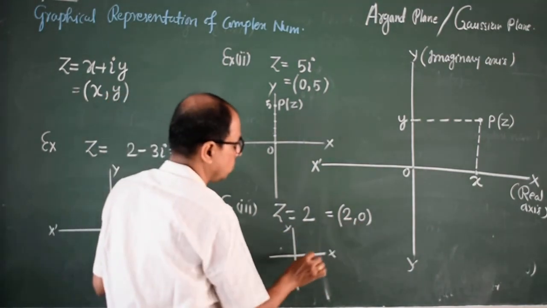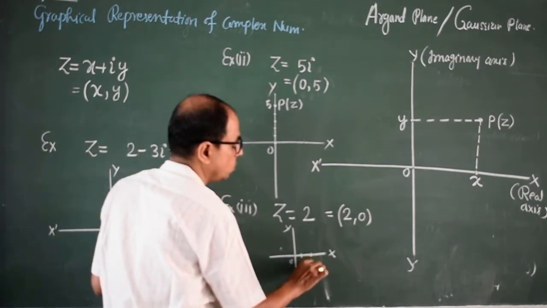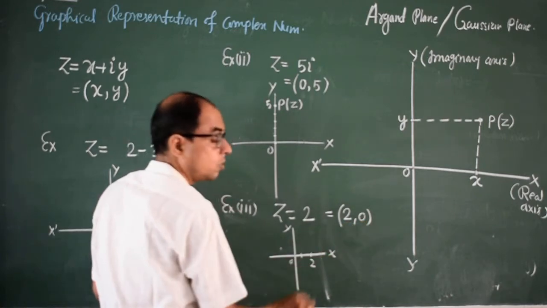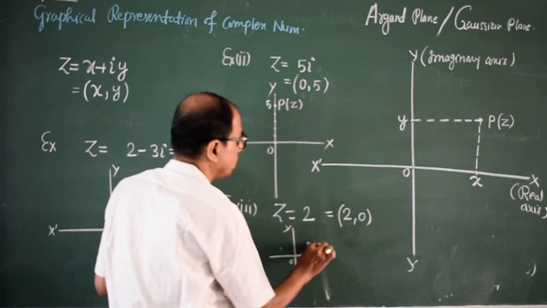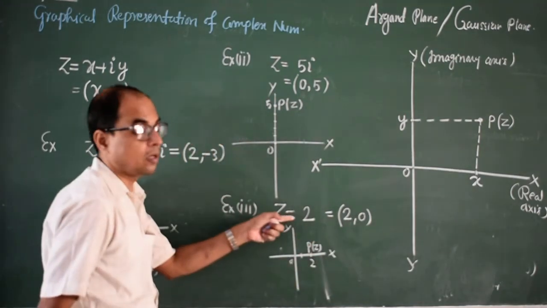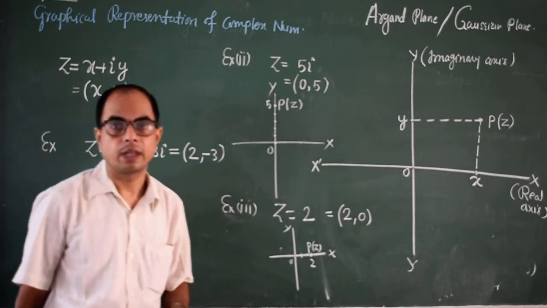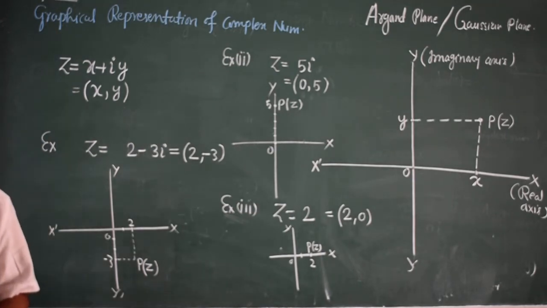The real part is 2. So 1, 2. This will represent real part 2 and the imaginary part is 0. So this point will represent the complex number z. So this complex number lies on the positive real axis. Clear? So in this way we can plot complex numbers.